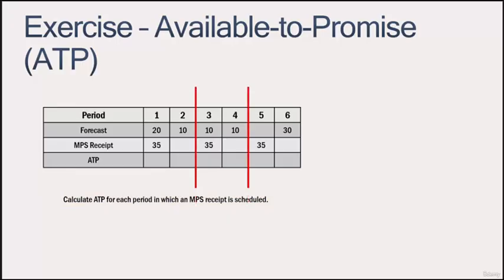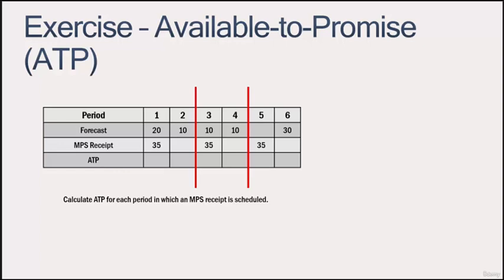Mentally put in the following bars, as this will help you visualize which periods to use and when. Let's start with period 1. We have an MPS receipt of 35 pieces. We have a customer order for 20 pieces in period 1. Looking ahead, the next MPS receipt is in period 3, so this ATP needs to also include the customer order for period 2.